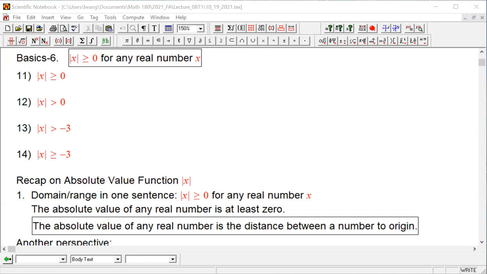Number 11, x is greater than 0 or x is equal to 0.